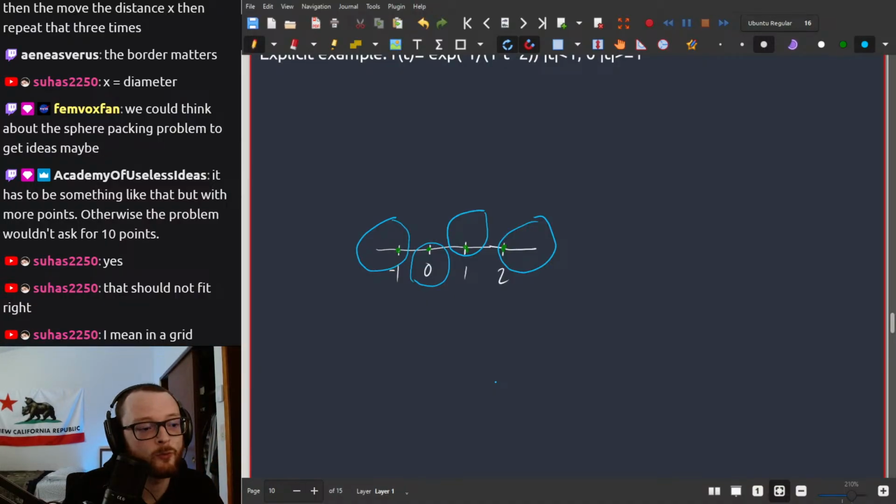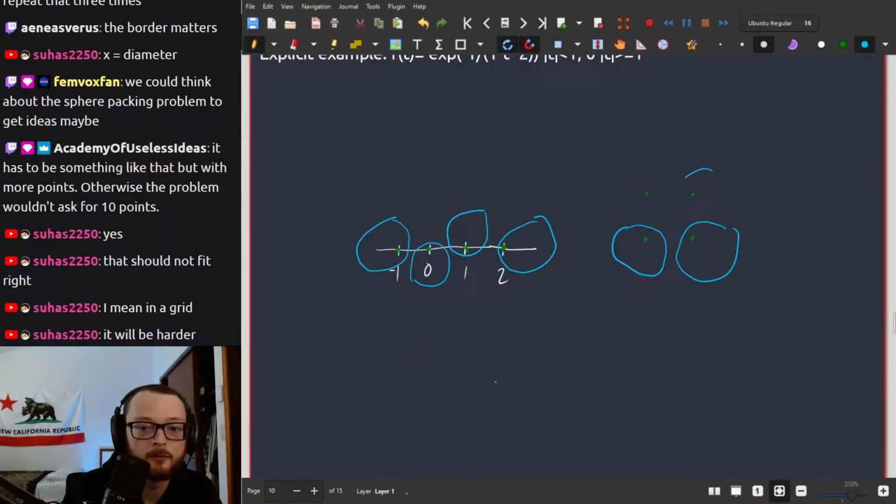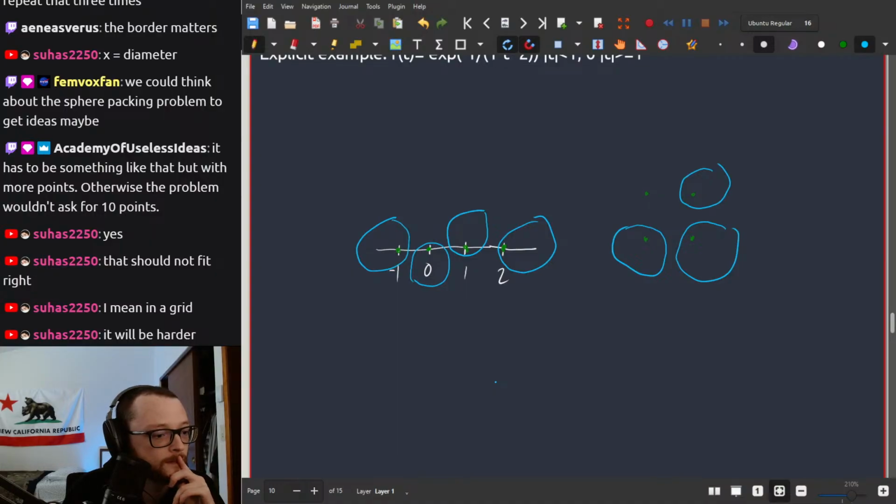Oh, you want them arranged in a square? I mean, a square would be even easier, I think, because you can just make them as far away as you want. You can just barely make them inside the circle if you wanted. Yeah, that's true.